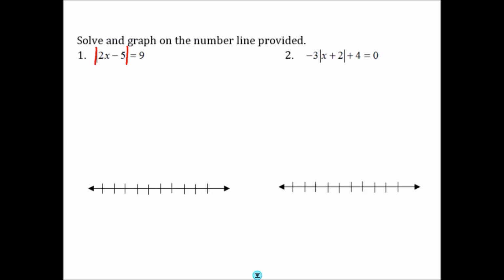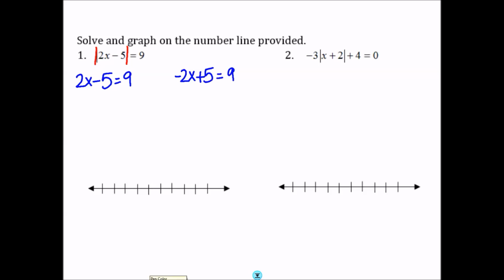That way you can solve for both cases. So the first equation is always just the original. The second equation, you need to change the sign of everything in the absolute value bar.